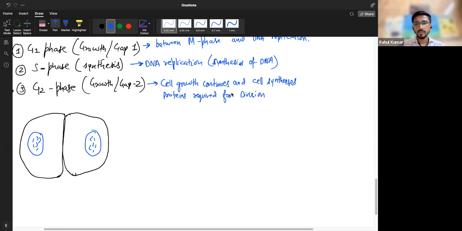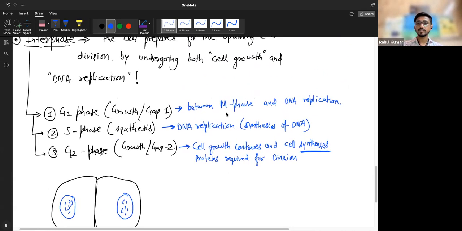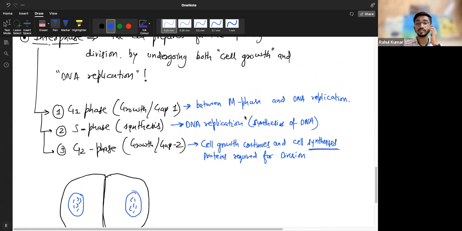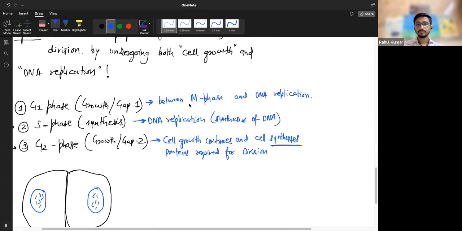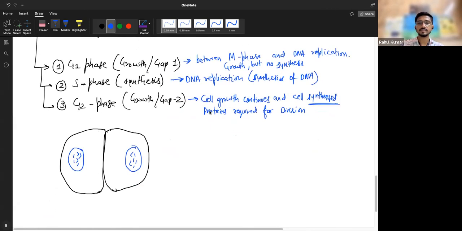So in G2, you can see that some synthesis is also happening, right? In G1, it was just the growth. Yes or no? Growth, but no synthesis. Like no DNA synthesis. But protein synthesis must be happening because to grow also you need to synthesize things.